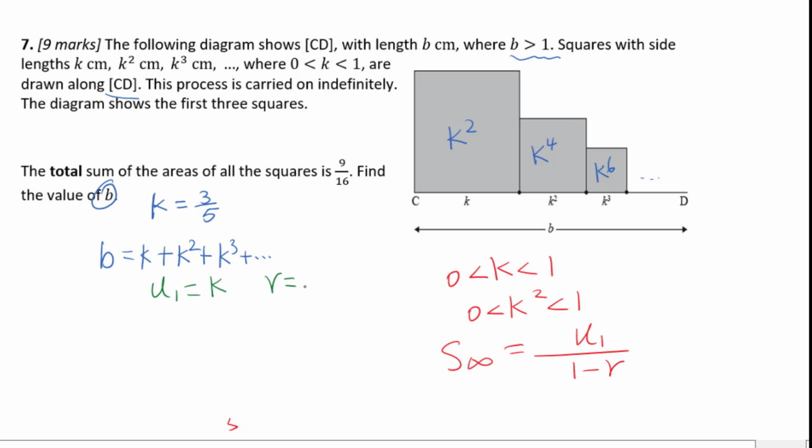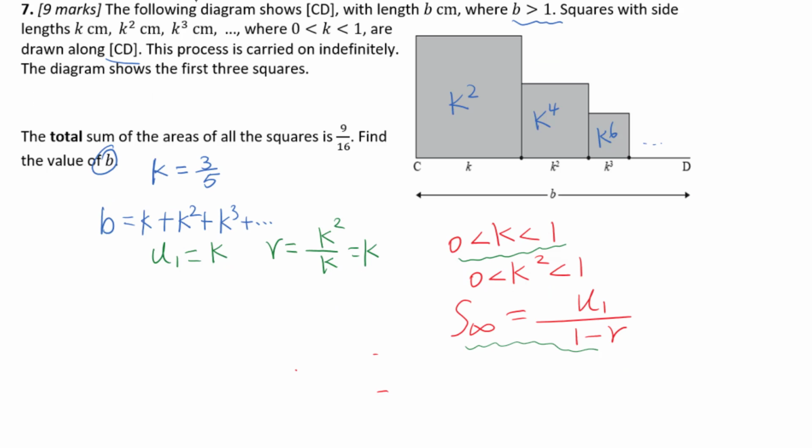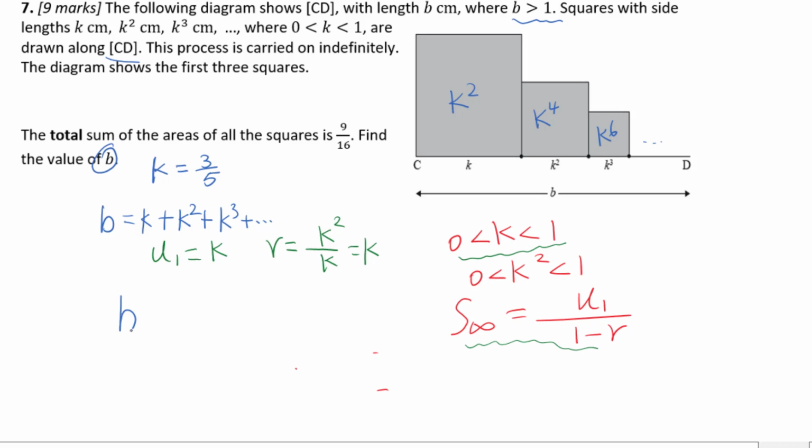The common ratio equals k squared over k, which equals k. Because k is greater than 0 and less than 1, we can use the infinite geometric series formula to figure out b. b equals u sub 1, which is k, over 1 minus r, which is k.